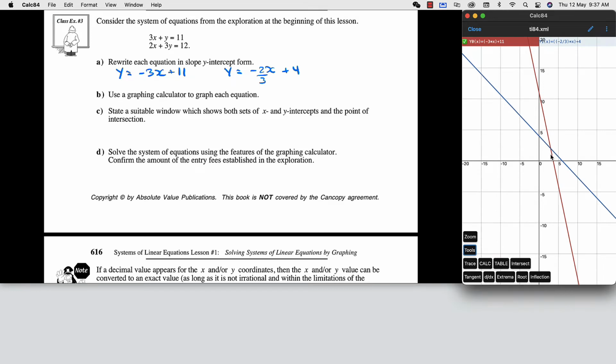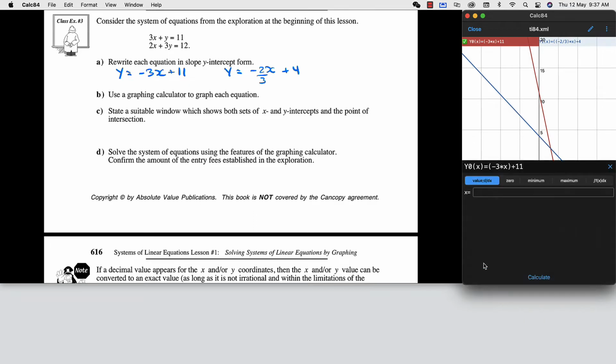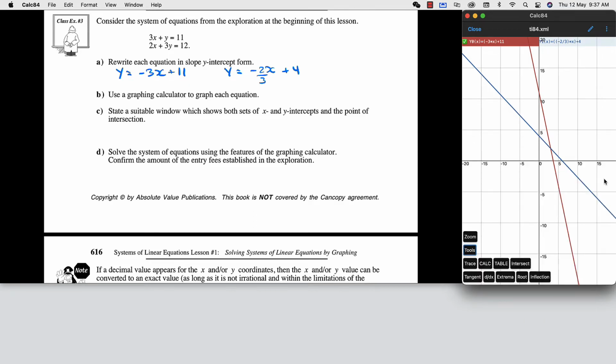If you can zoom in, you might be able to see exactly where it's crossing, but you don't really know until you do the math, or you use your calculator right here to find the intersection. So I think you go to calc, intersect. Oh, that was easy.